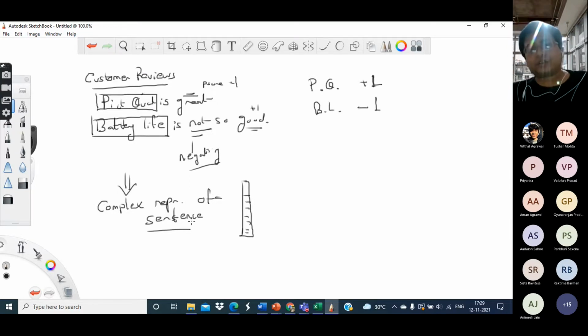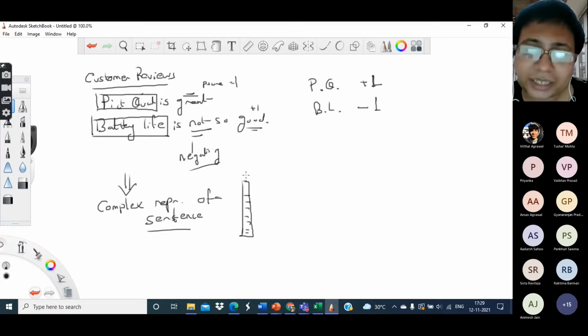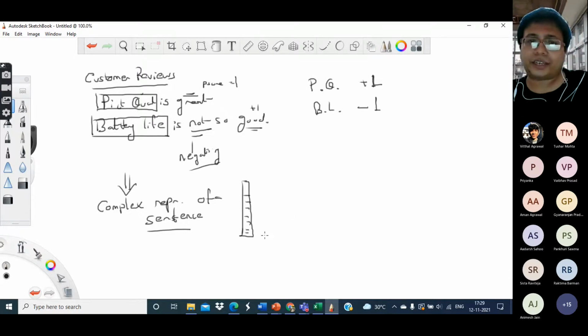You could take lots of sentences which are either expressing a positive sentiment or a negative sentiment, so you basically reduce it to a classification problem.